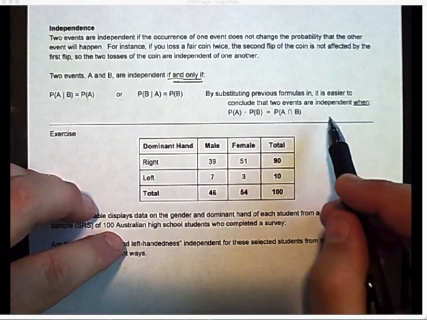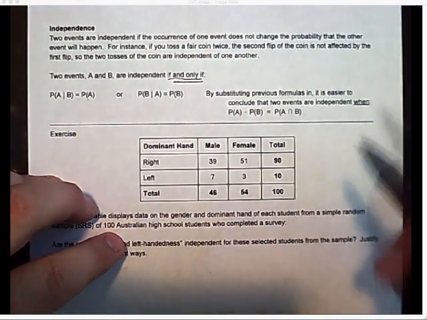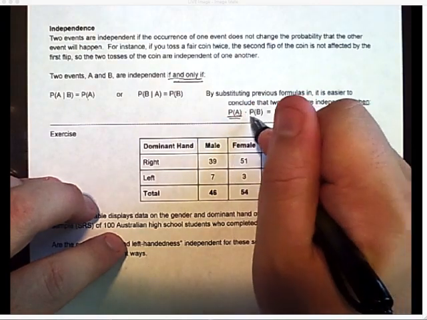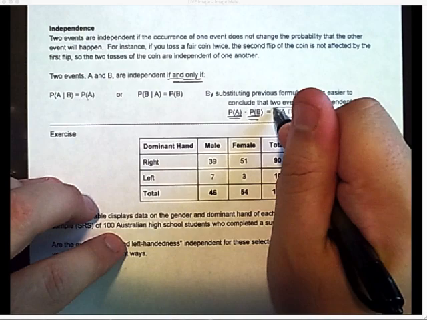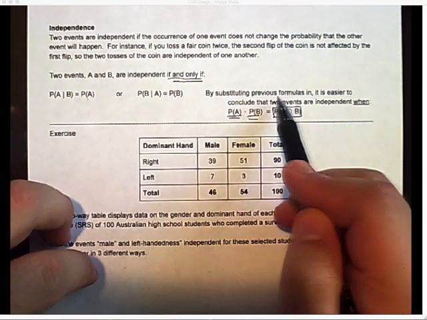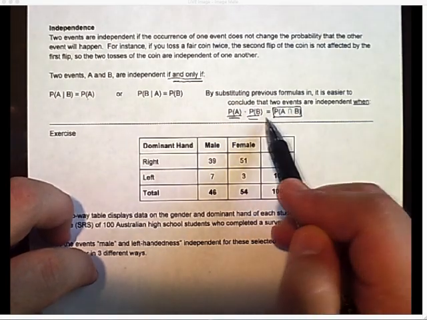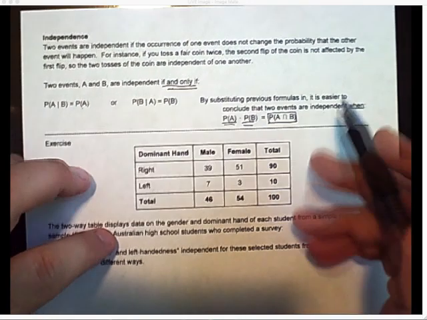An easier way than remembering this formula: two events are independent if the probability of A times the probability of B simply equals the same thing as the intersection. Okay. I always like to remember this one. If this is true, then the two events are independent.